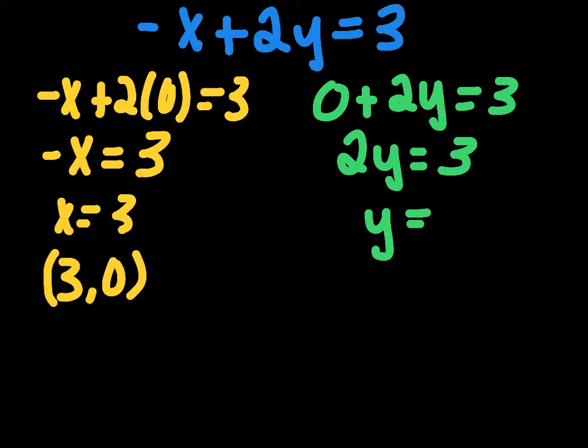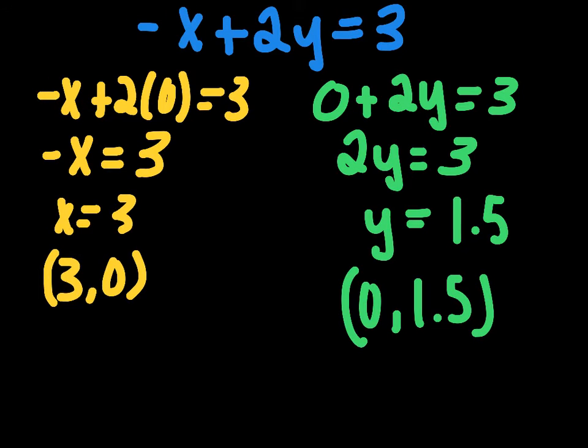Hold on. 3 divided by 2 is 1.5. Wow, I really just did that on the calculator. Okay, don't judge me. 0, 1.5. So it's going to be like in between, I guess. So let's go ahead and graph.